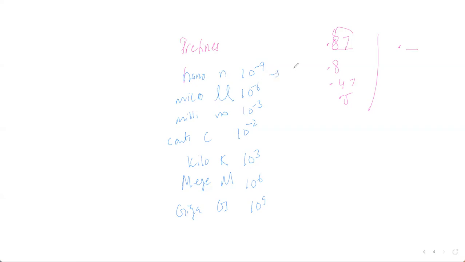You must have encountered nanoseconds, micrometer, millimeter, centimeter, kilograms, kilowatts, kilojoule, megawatts, gigajoules. So this is the unit, the underlined or the circled one.